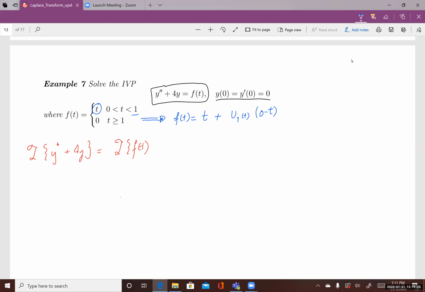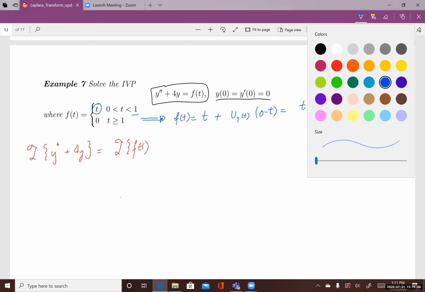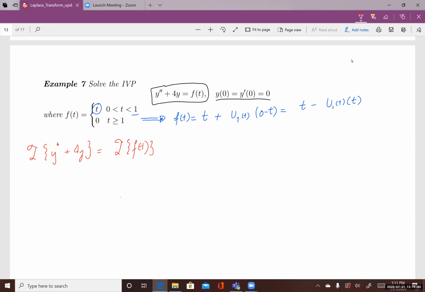And then I can rewrite this in terms of t minus u_1(t) times t. All right, so this is my step function f(t), and we want to find the Laplace transform of it.